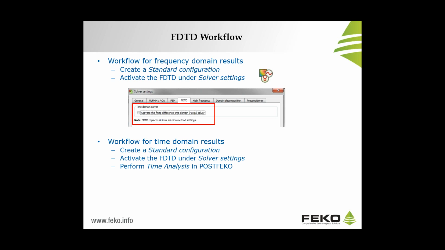Regarding the workflow for time domain results, it's pretty similar. You have to create a standard configuration, activate the FDTD solver in the same manner as I have explained to you before, and then in post-FEKO you have to perform the time analysis.